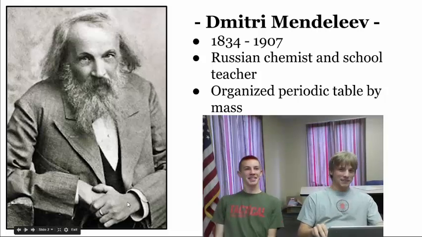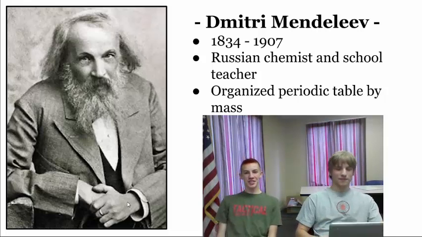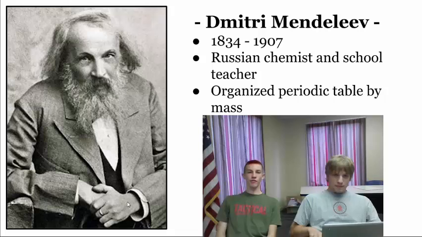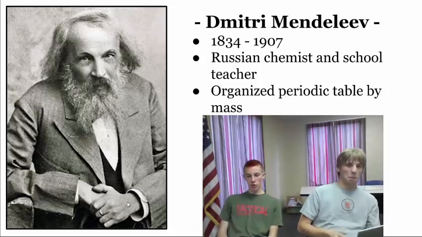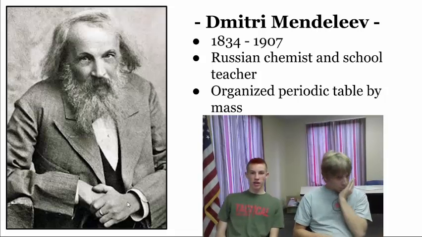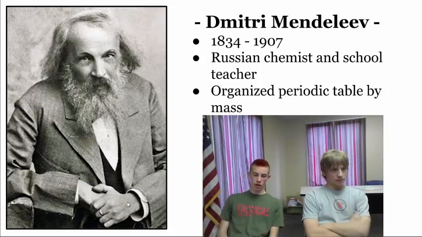The next guy in history was Dmitri Mendeleev. He was a Russian chemist and schoolteacher from 1834 to 1907, and he had the bright idea to organize the periodic table by mass and not by triads.